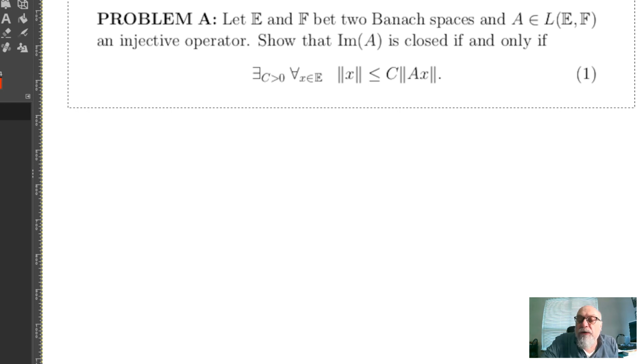We need to show that the image of A is closed if and only if there exists a constant C larger than 0, such that for every element x in E, we have the inequality that the norm of x is smaller or equal than C times the norm of A of x.